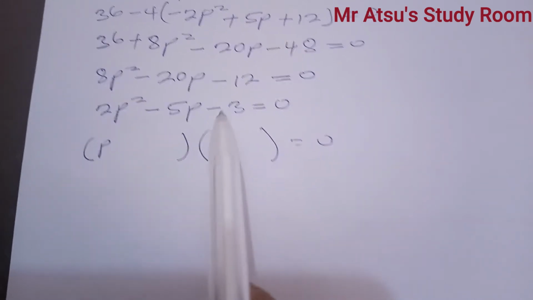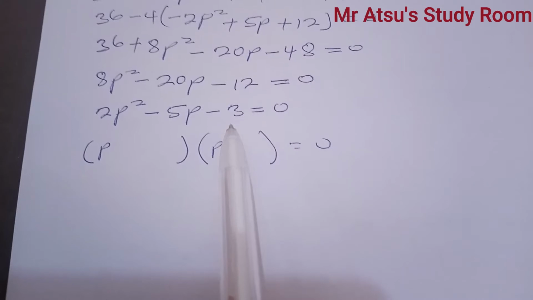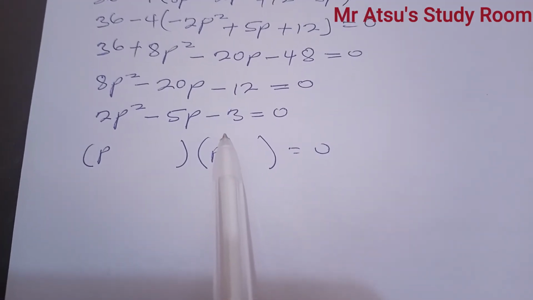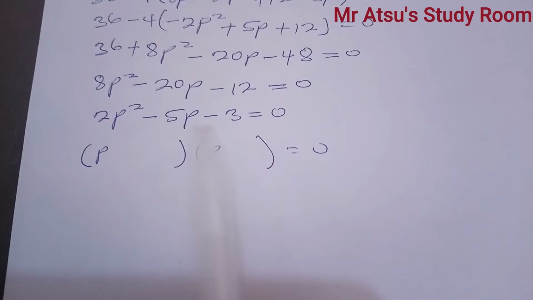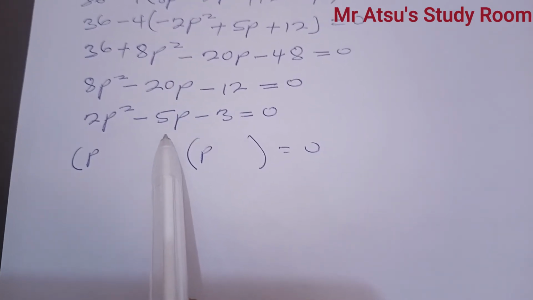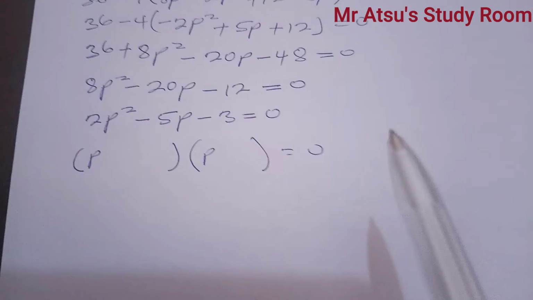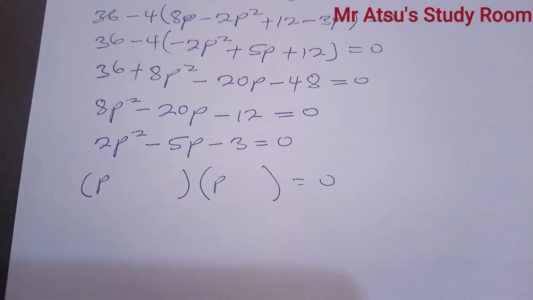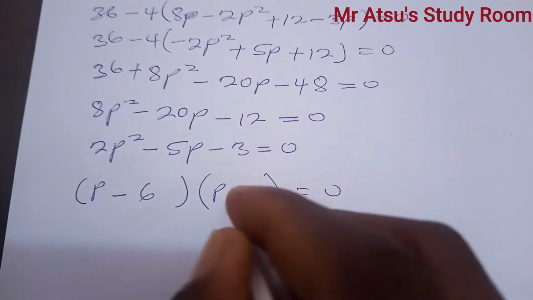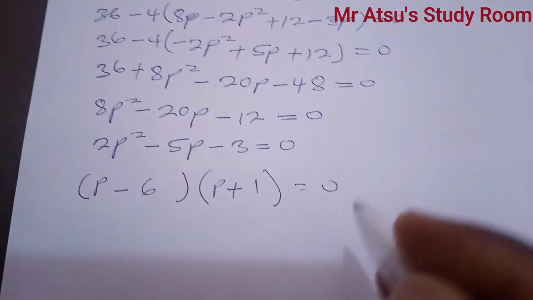Then A times C will give us negative 6. We want two factors of negative 6 that when we add, we are going to get negative 5. And that will be negative 6 and positive 1.